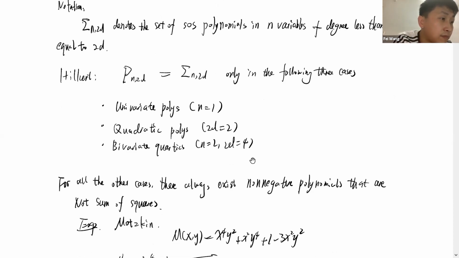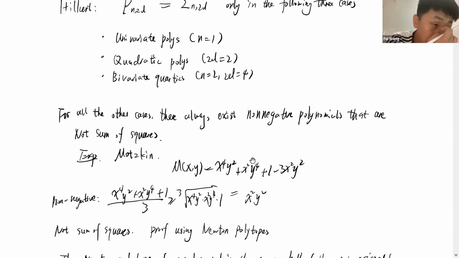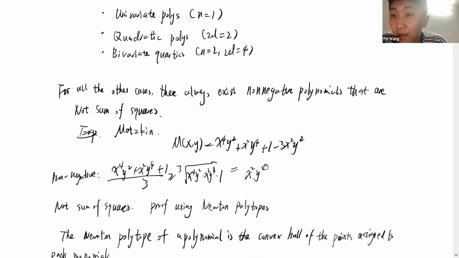For all the other cases, there always exist non-negative polynomials that are not sums of squares. Here is the example by Motzkin. The Motzkin polynomial is x^4 y^2 plus x^2 y^4 plus 1 minus 3 x^2 y^2.